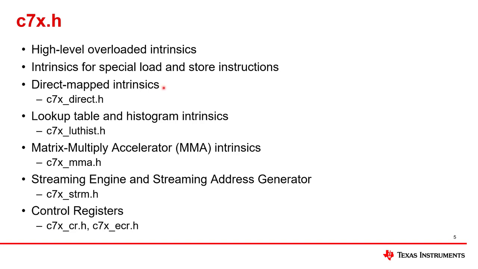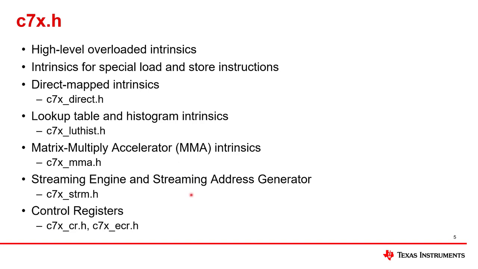These are intrinsics provided to facilitate a direct map between an intrinsic and the corresponding C7000 instruction. This is followed by lookup table and histogram intrinsics. These are used to configure and use the C7000 lookup table and histogram features. This is followed by the matrix multiply intrinsics. These are used to configure and use the matrix multiply accelerator.